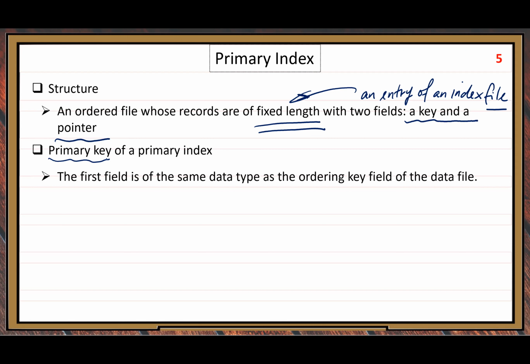So what is the primary key here? The first field is of the same data type as the ordering key field of the data file.